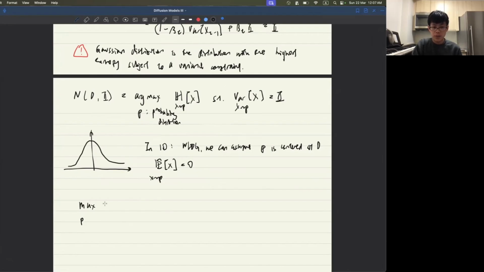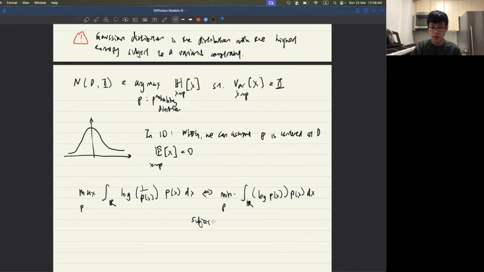In integral form, it is the integral over R of log 1 over p(x), weighted by the probability density itself, dx. Let me just convert it to a minimization problem. Log 1 over p(x) is really minus log p(x). Since we are maximizing a negative quantity, we should be minimizing the integral of log p(x) times p(x) dx.